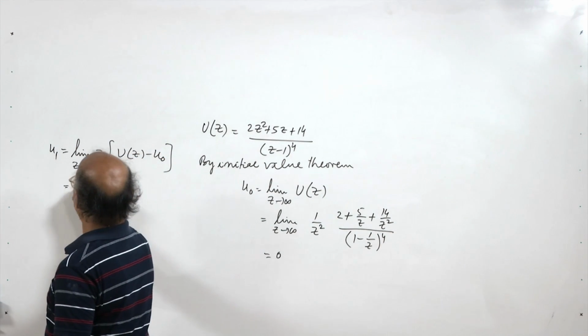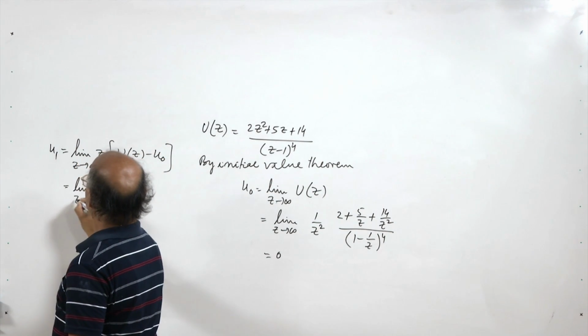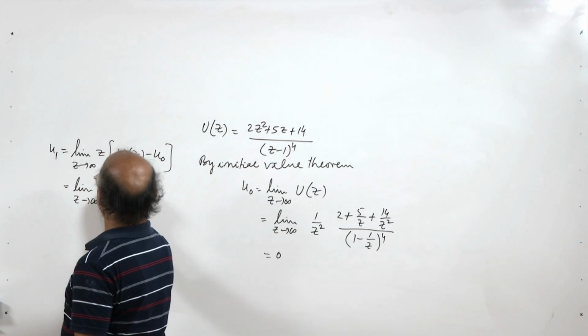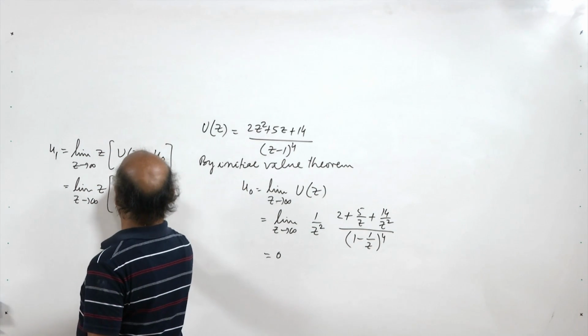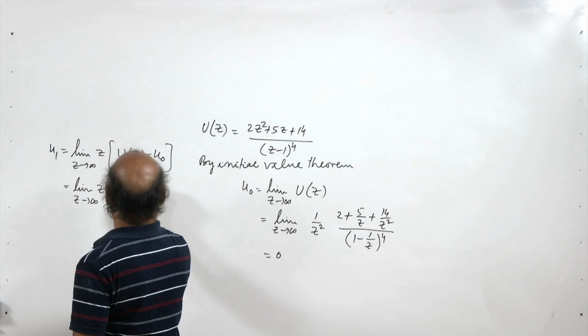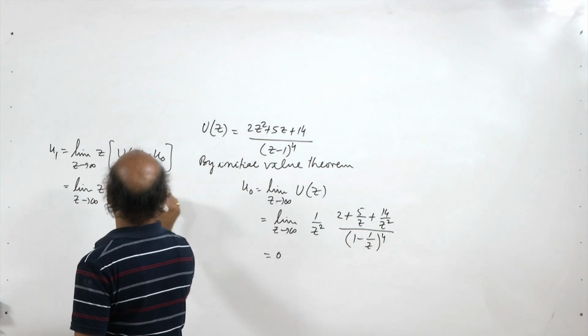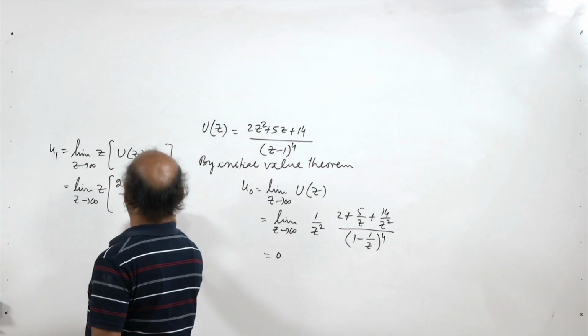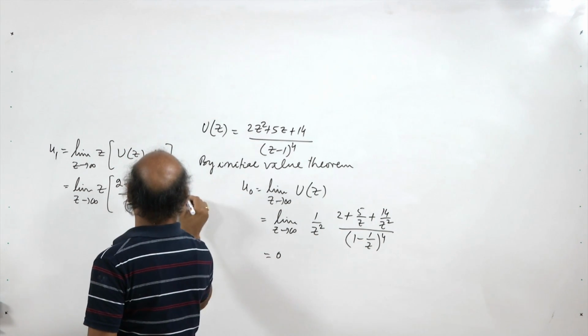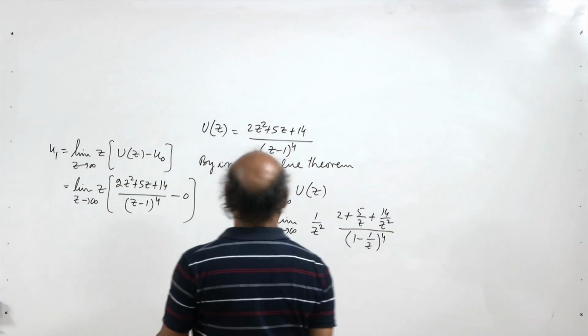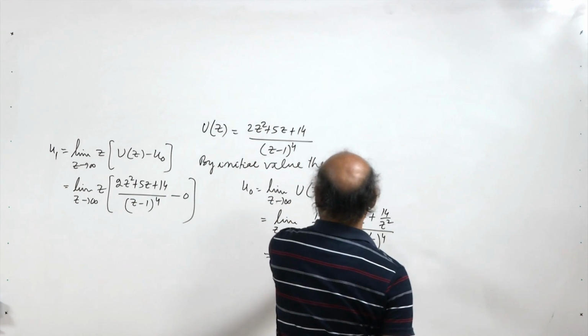So, this is limit z tends to infinity of z times (2z square plus 5z plus 14) by (z minus 1) to the power 4, minus 0. So, Uz can be expressed in this form.